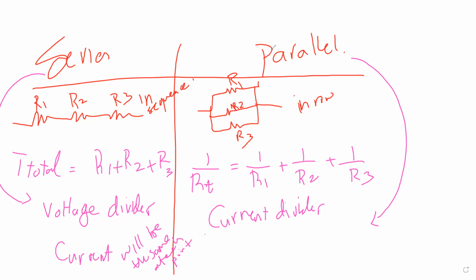But in the parallel here, the voltage will be the same at each point. So the voltage divider is the series and the current divider is the parallel.